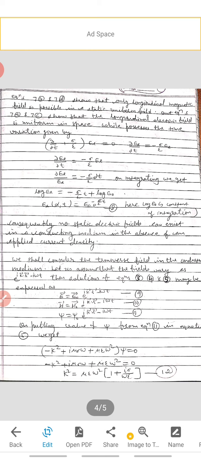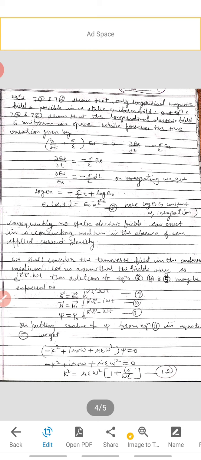On solving the equation we get EL as a function of t is equal to E naught e power minus sigma upon epsilon into t, and here log E naught is a constant of integration.